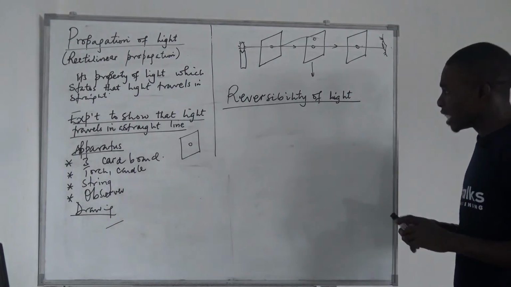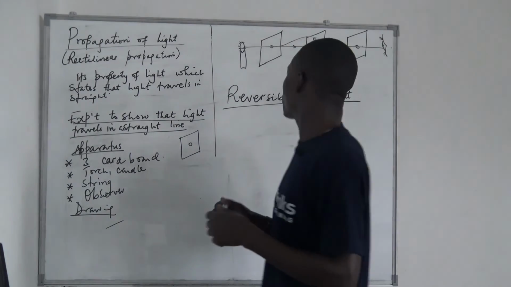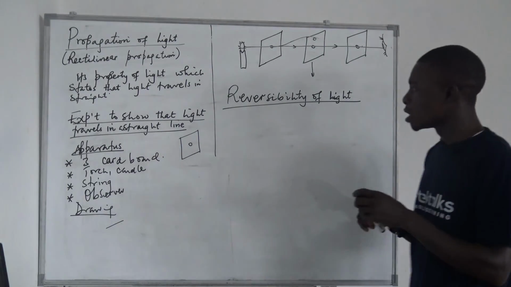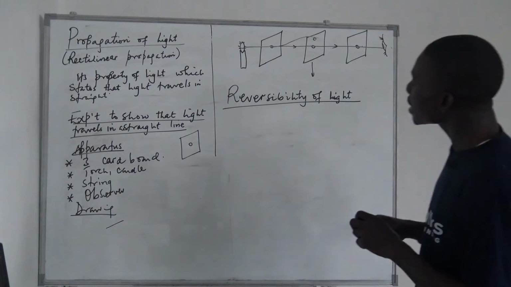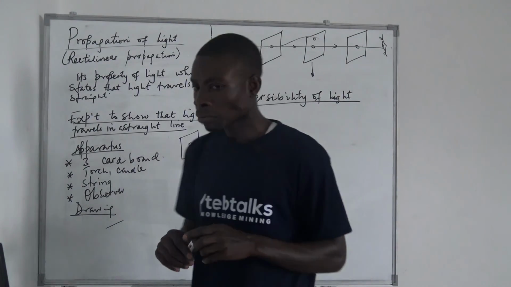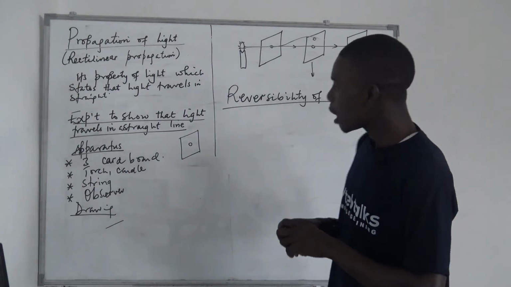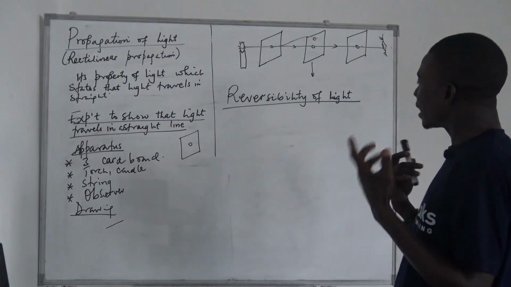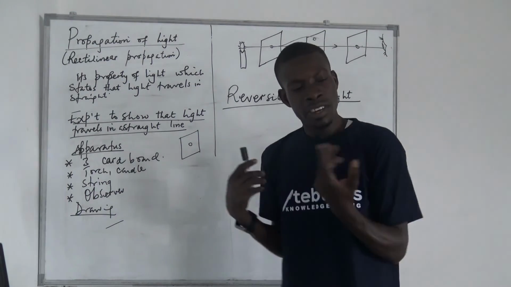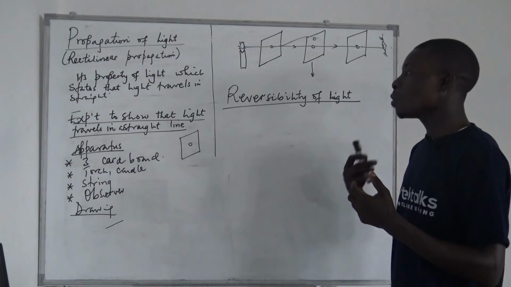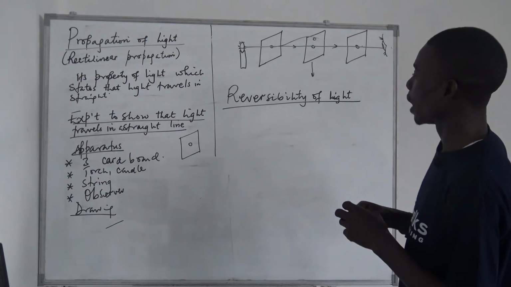What does that mean? If we hear the word reversibility of light, what exactly comes into our mind when we say reversibility of light? Is there anyone who has an idea about that? What does that principle state? Let's see what happens under reversibility of light.